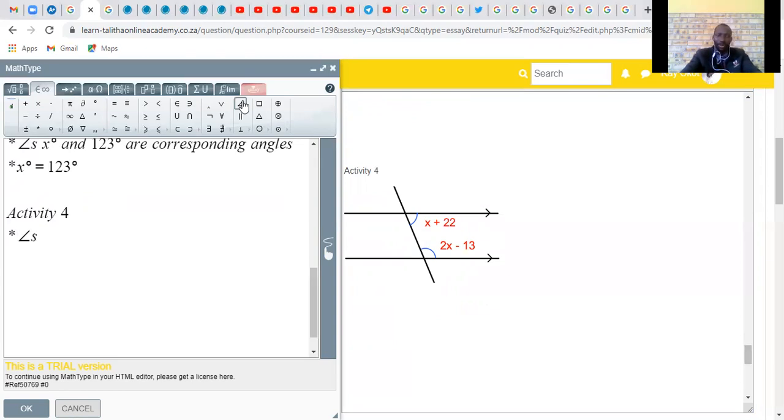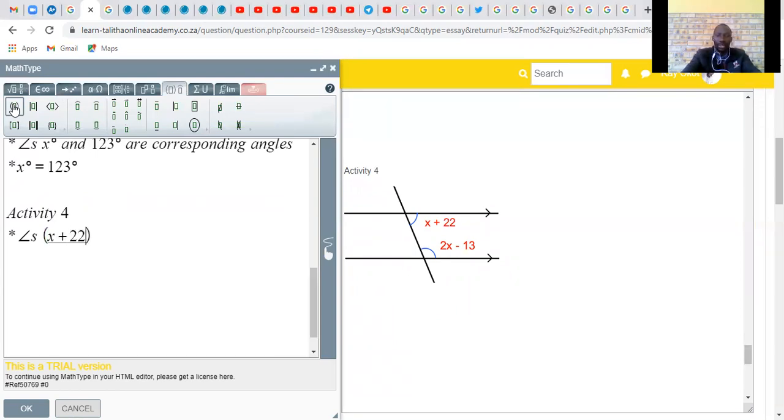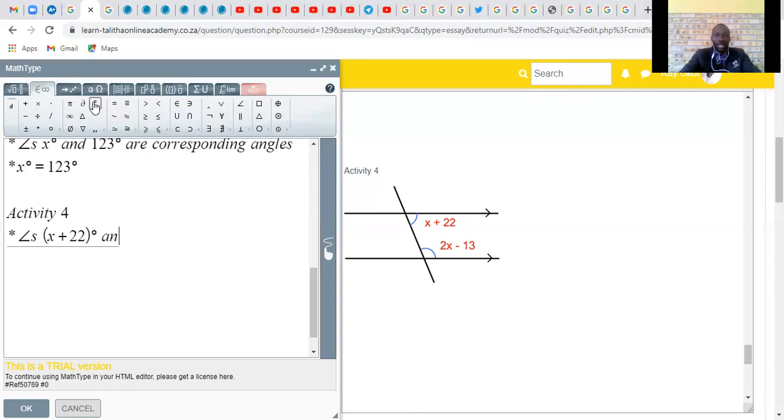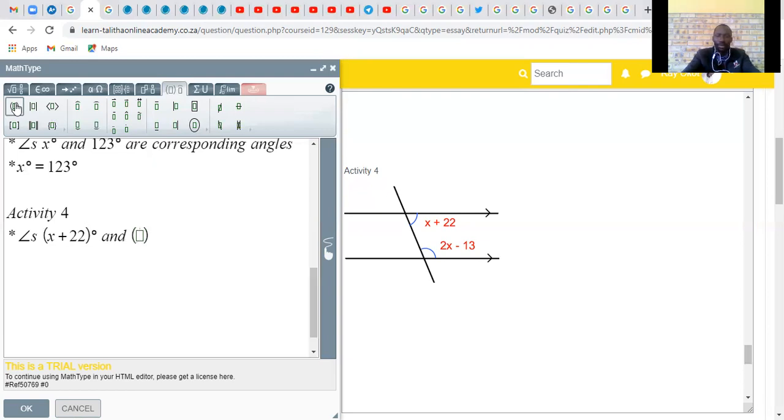So we say the angles, let's use a bracket for this: x plus 22, in degrees, and 2x minus 13, also in degrees.